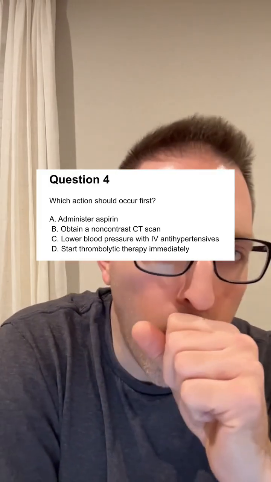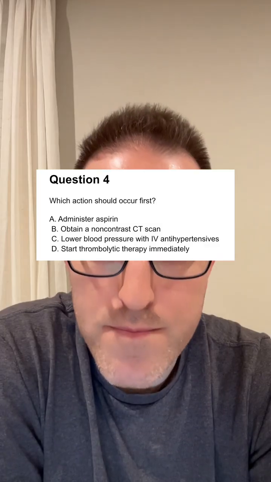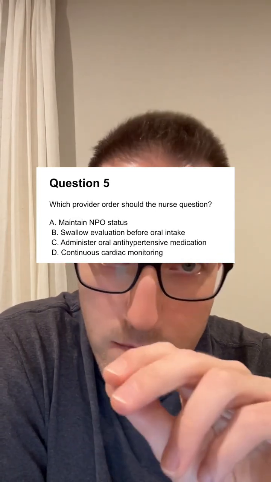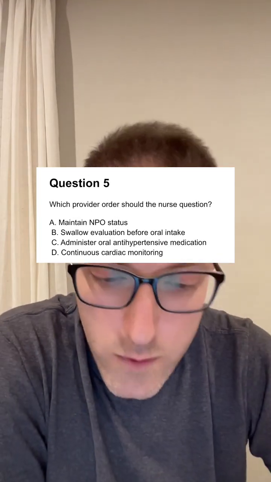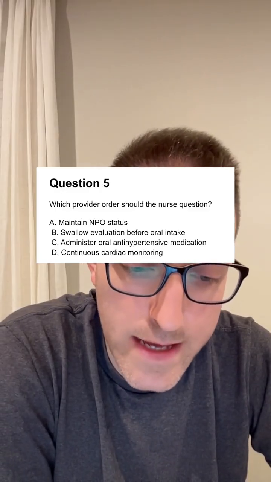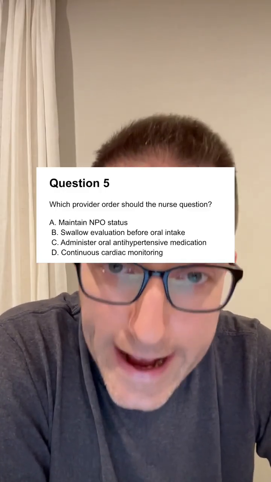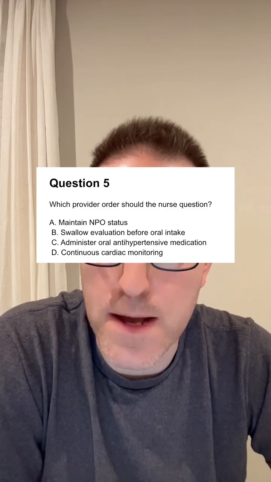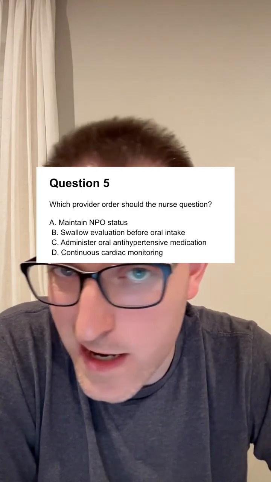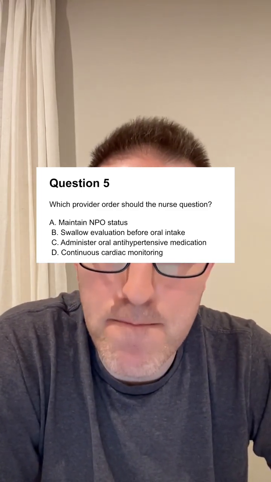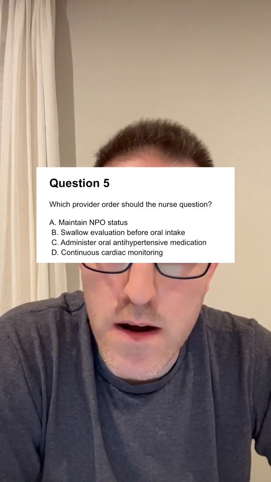All right. Question 5. So question 5 of the case study asks you to take action. No, we did not already get the CT. We just kind of talked about it. All right.